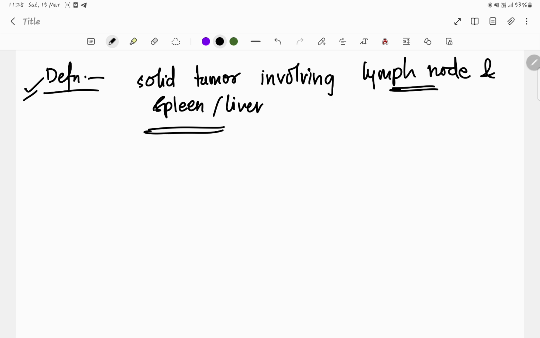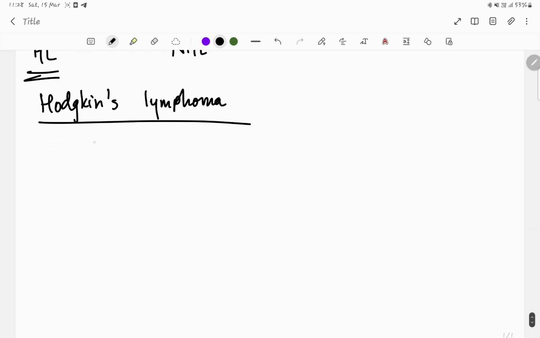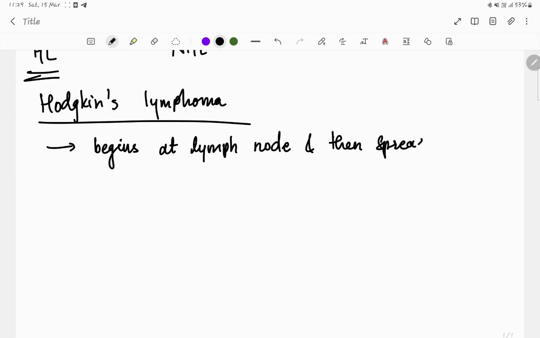Now when we talk about the types of lymphoma, we obviously know there is Hodgkin's lymphoma and then there is non-Hodgkin's lymphoma. This is very basic. Let us talk about Hodgkin's lymphoma or Hodgkin's disease. It primarily arises within the lymph node and then spreads to extranodal sites. It arises in a single node and then spreads to the spleen.